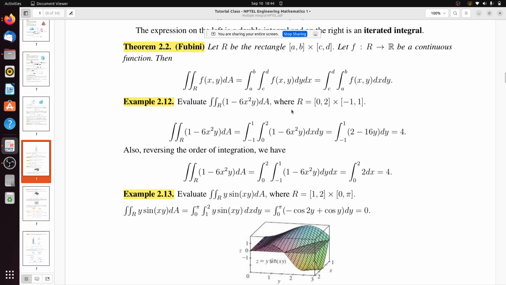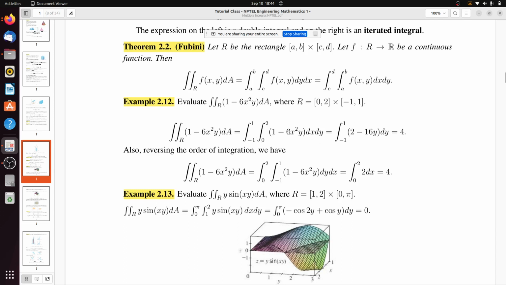So you want to integrate in this rectangular region. If you take this as x and y, first integrate from 0 to 2, and it is continuous in between this. So using Fubini's theorem, this multiple integral can be reduced to this iterated integral.